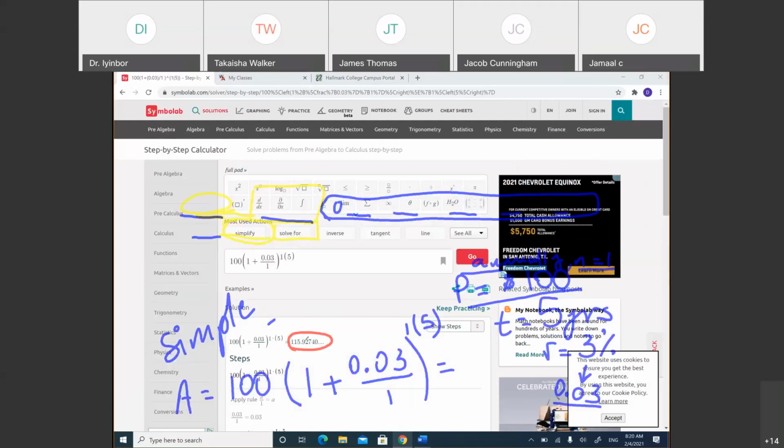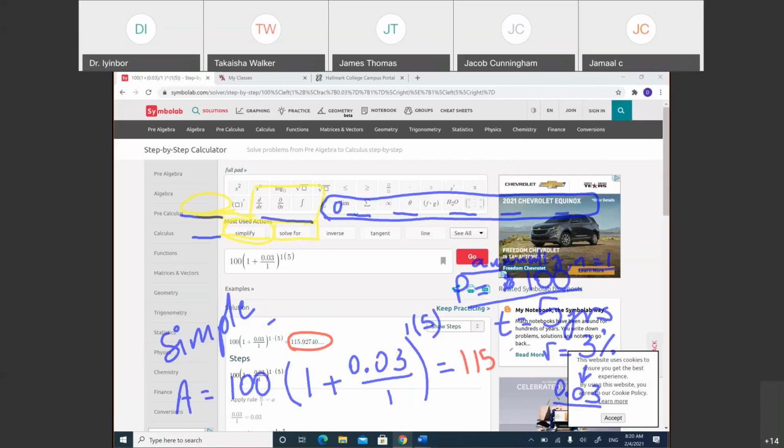Okay, so after 5 years, I'm going to have $115.93. It's very important to round up. So round to 2 decimal places, and WebAssign is very picky with that. So always when you round to 2 decimal places, you need to look at the third number. The third number is 7.